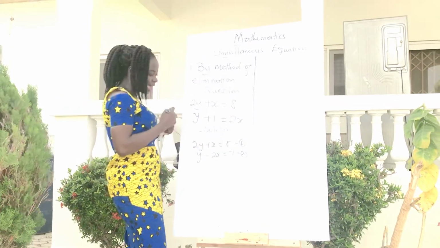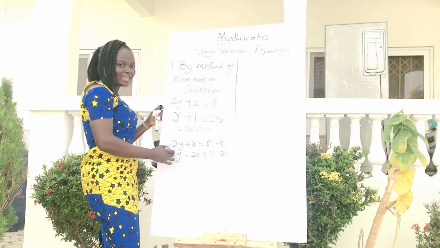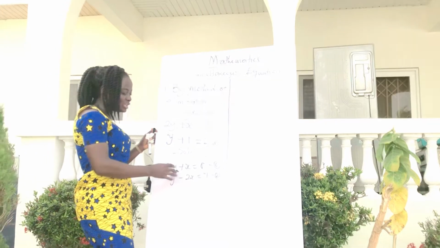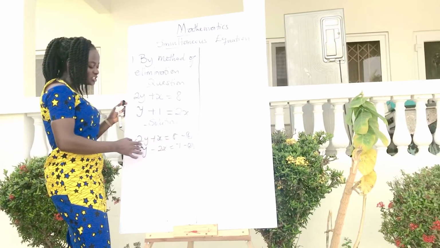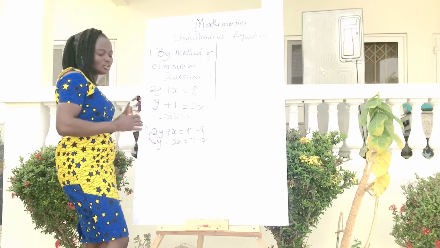So we multiply equation 1 by the coefficient of y in equation 2. Then we also multiply equation 2 by the coefficient of y in equation 1. So we exchange them.